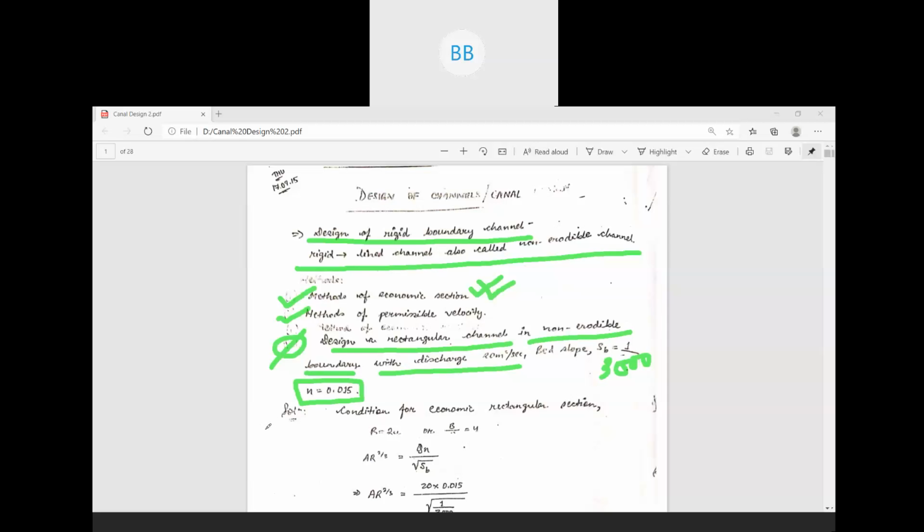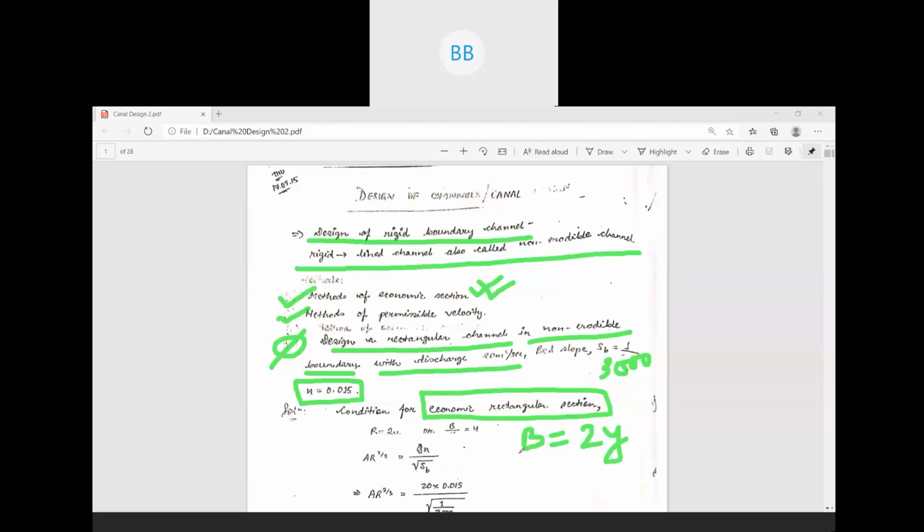So now it's given as a rectangular channel. If I want to use the method of economic section, then we have to use the economic condition of a rectangular section. For example, b is equal to twice y.